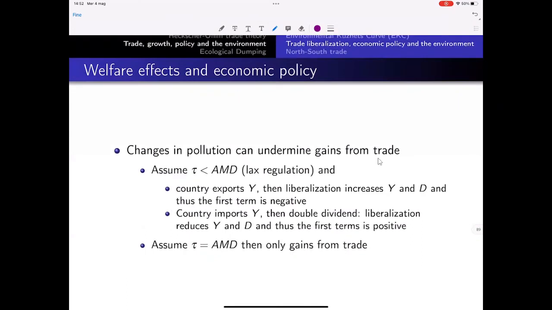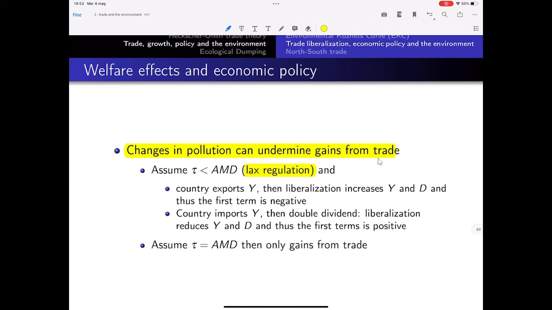Now, let's consider the first term, which is due to pollution. Changes in pollution can undermine gains from trade. Let's start first of all with the assumption that tau is lower than the aggregate marginal damage to the environment. So you have a relatively lax regulation in place.